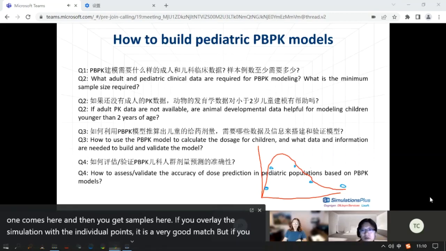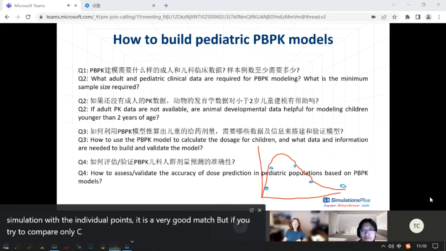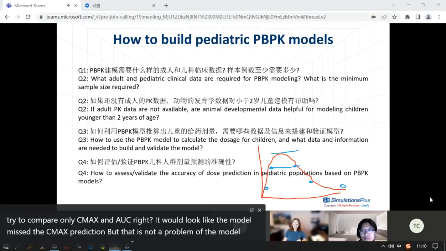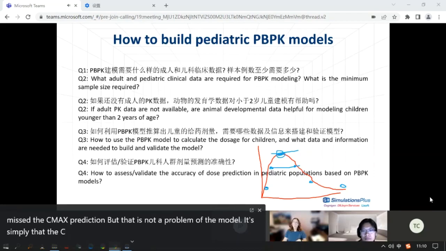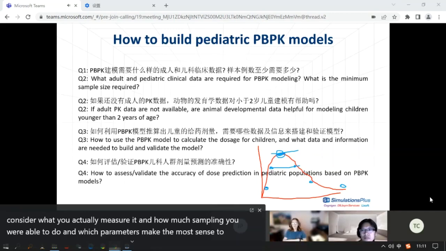But if you tried to compare only Cmax and AUC, okay, it would look like the model missed the Cmax prediction. But that is not a problem of the model. It's simply that the Cmax wasn't measured. Right? So just be careful and consider what you actually measured and how much sampling you were able to do and which parameters make the most sense to compare to the observed data.